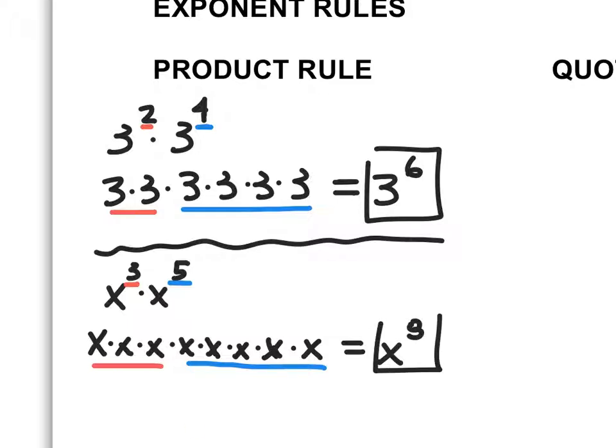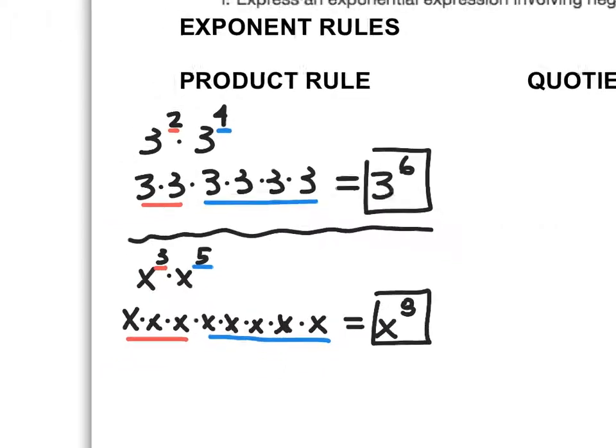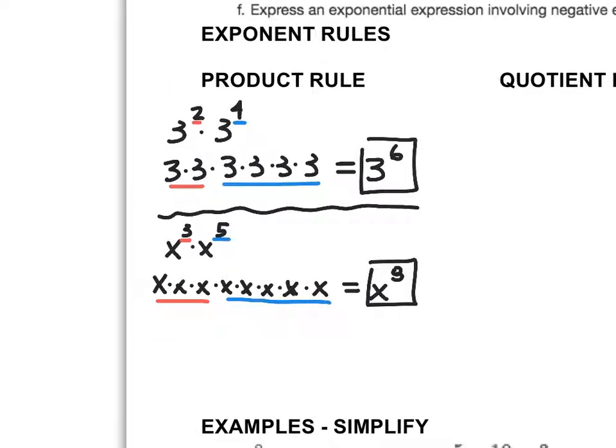Now, my question is this: I don't want to have to do that every time, but notice something. What's going on between 2 and 4 to get 6? What's happening between 3 and 5 to get 8?